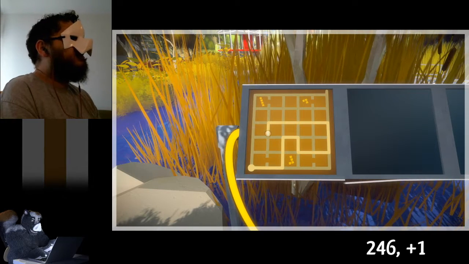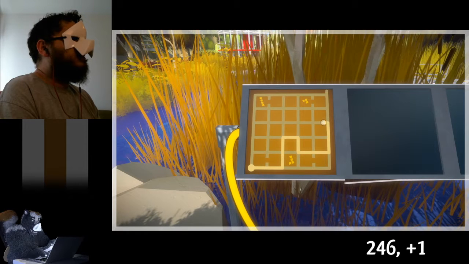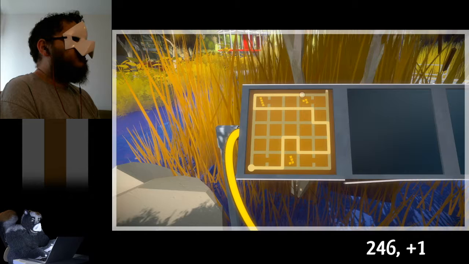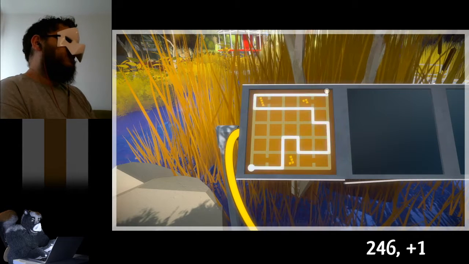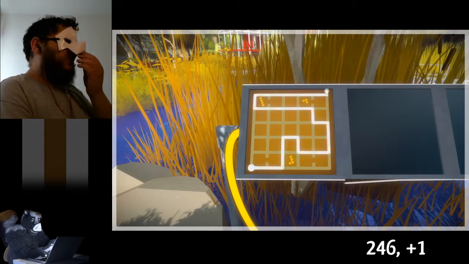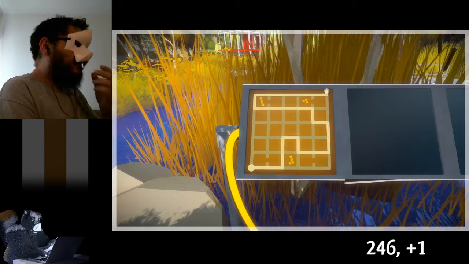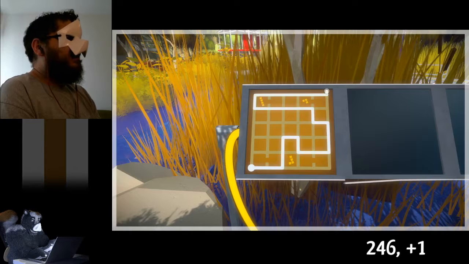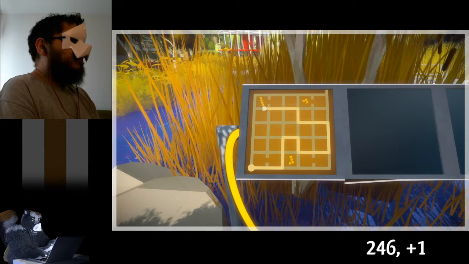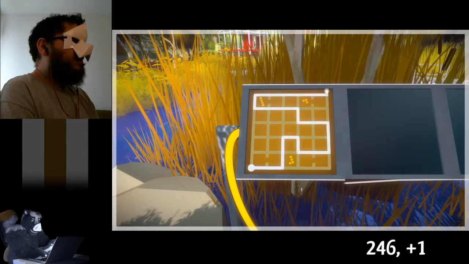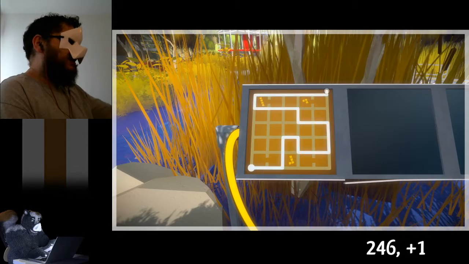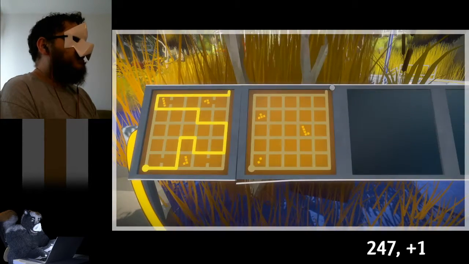Wrong. Okay, that's not going to work because there's only 4 vertically and not... If I do this one, it should work. Because then you have 4 across and then that corner.